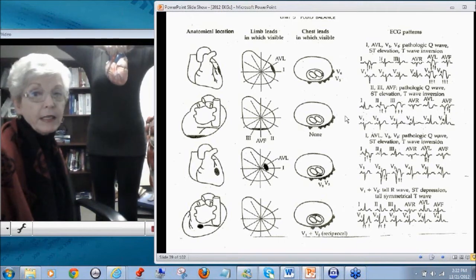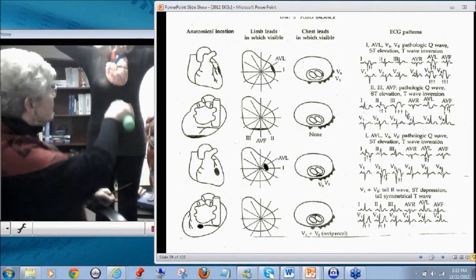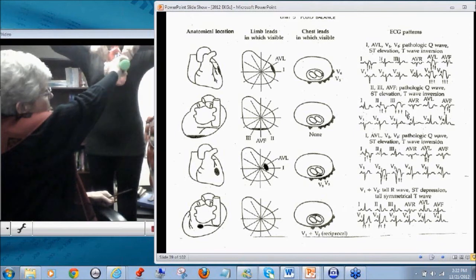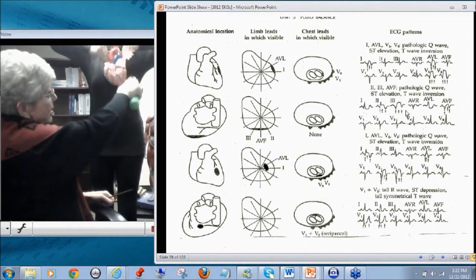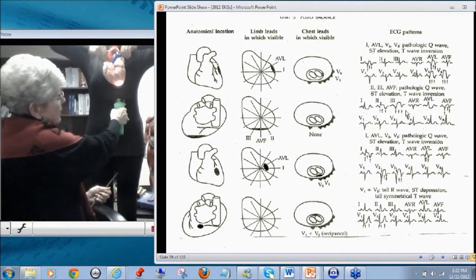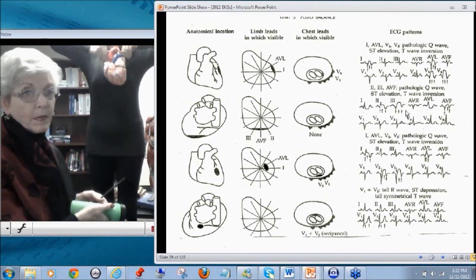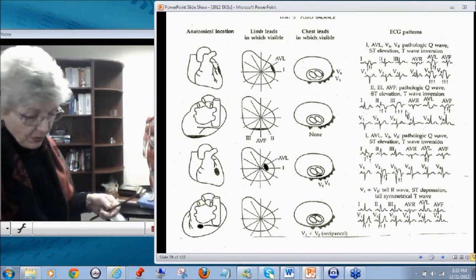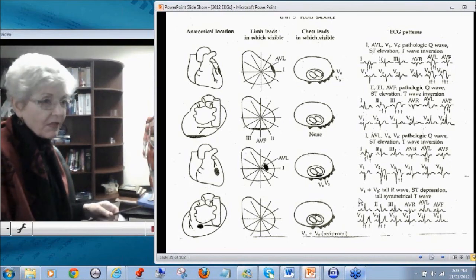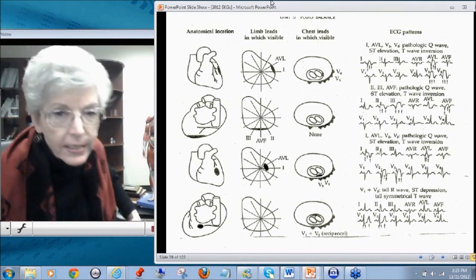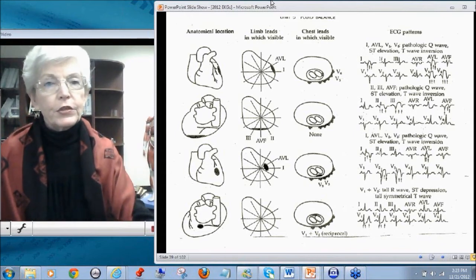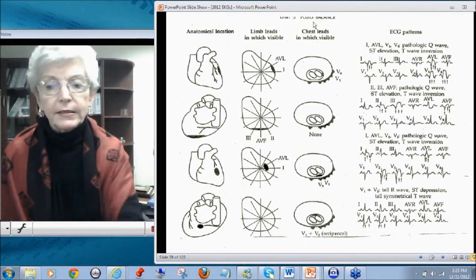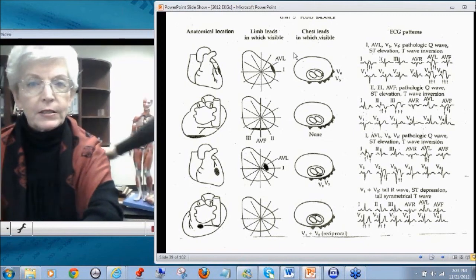And nothing on the precordium, no lead up here, none of the V leads are looking at the underbelly of the heart. So thank you very much, Jelena. You can think of using that kind of method or approach to your analysis of the EKGs.